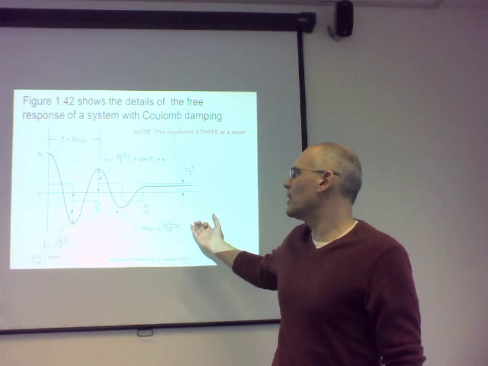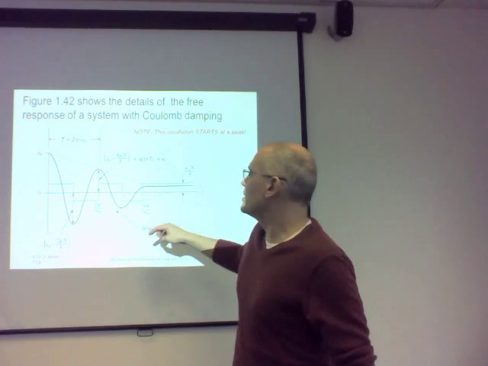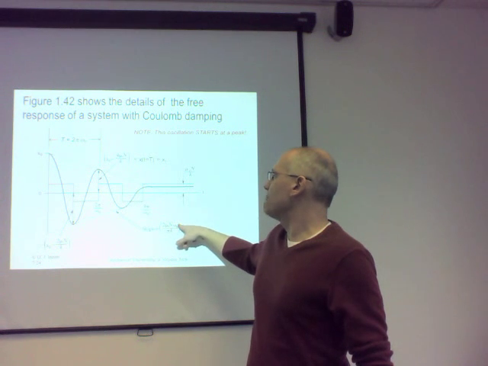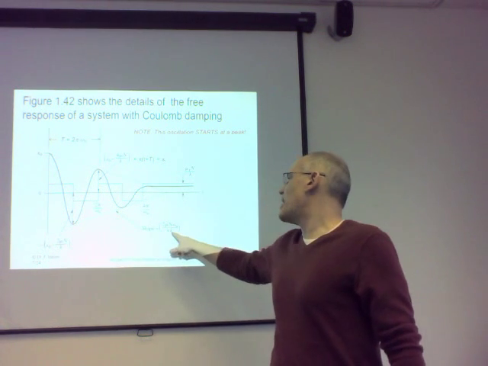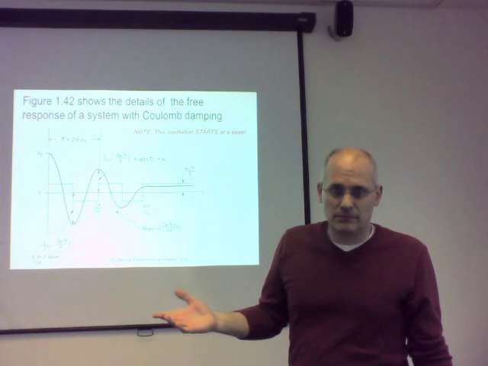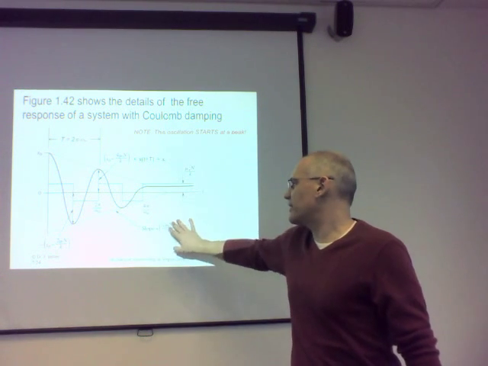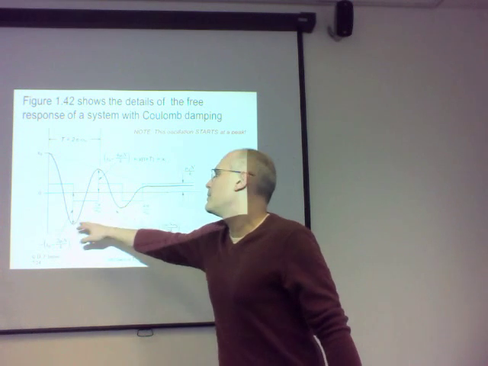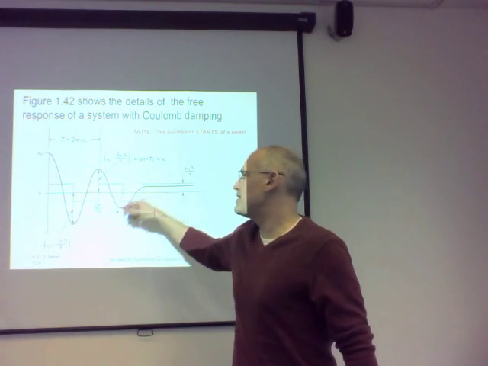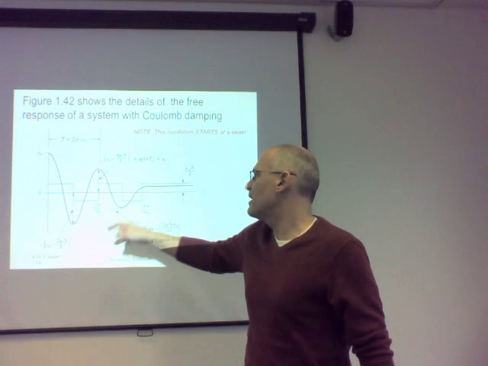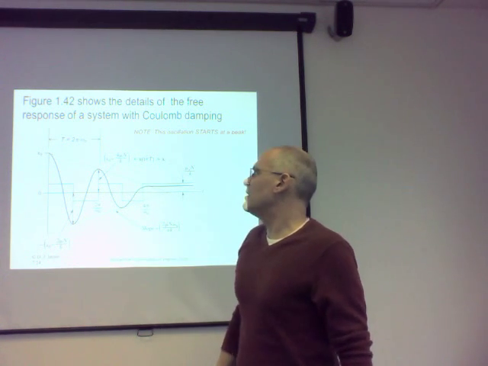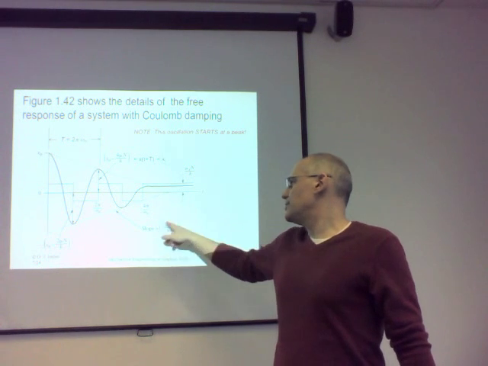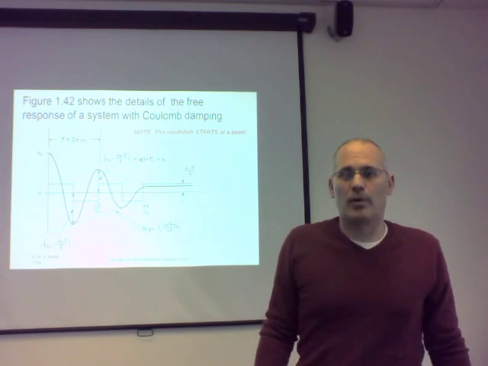So rise over run. The rise is going to be 4 mu N over k, and the run is going to be 2 pi over omega n. You can do the algebra and find the slope. The decrease in value between the peaks is the rise, 4 mu N over k. The run is 2 pi over omega n. Rise over run, do the algebra, and you can get this slope.